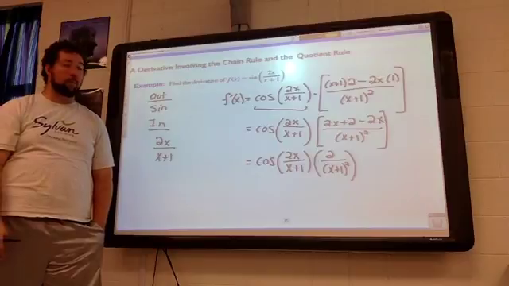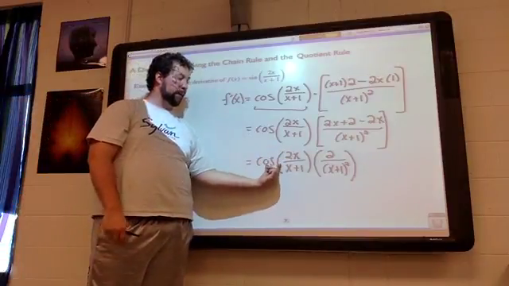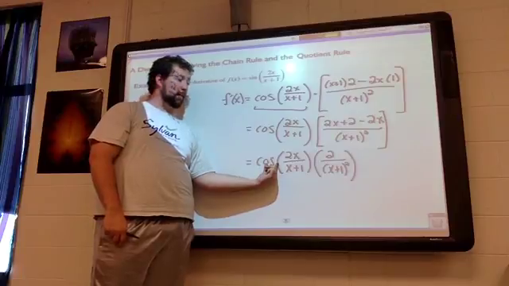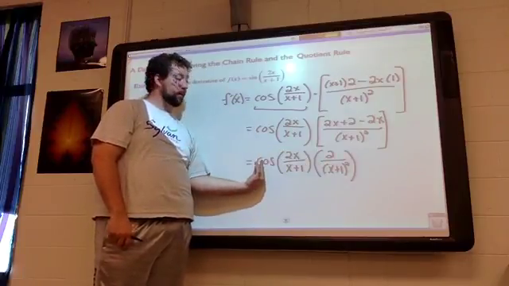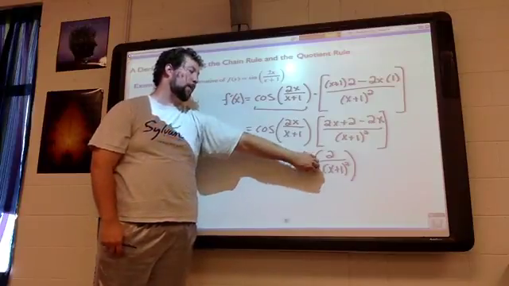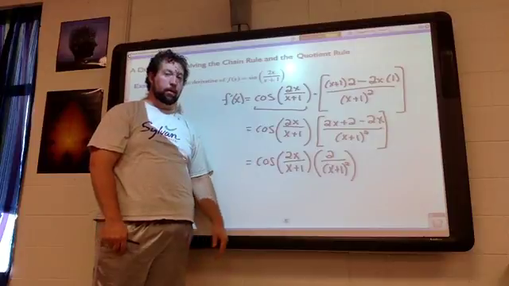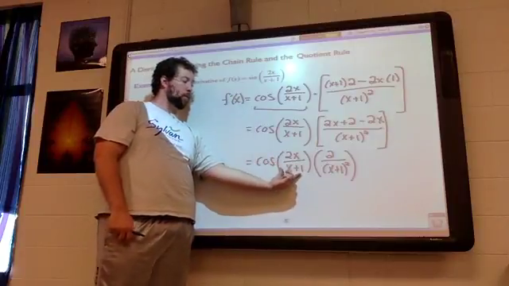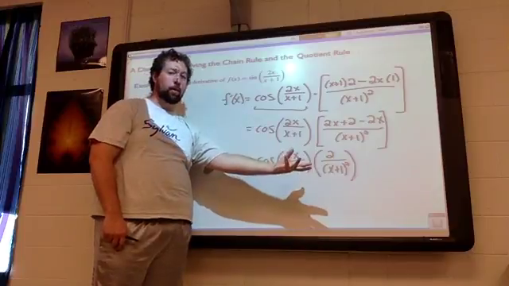One important thing to notice here. This first parentheses means it's the inside of the cosine. The second parentheses just means I'm multiplying it by this. So don't try to multiply these two things together and get like 4x over x plus 1 cubed. No, because this first one is stuck inside the cosine. It's not the cosine of both of those parts.